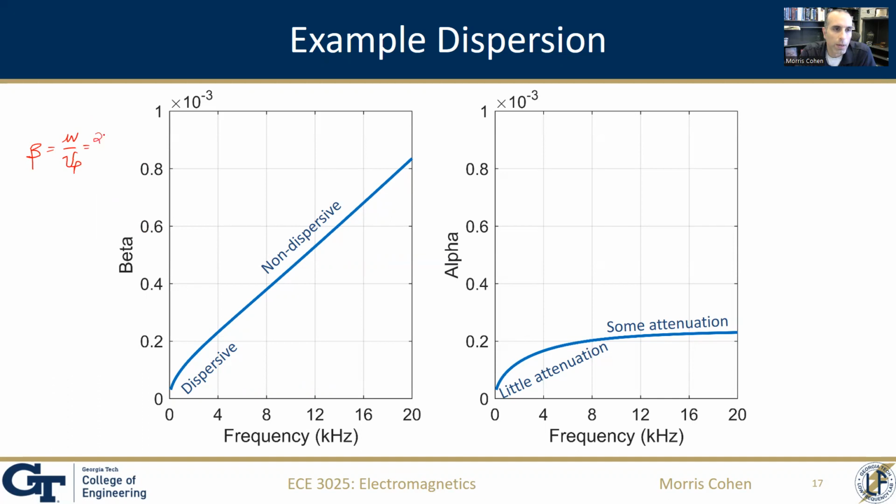Or it's 2 pi over the wavelength. Those are the same. So we would expect in a lossless and ideal case that beta is proportional to the frequency, right? So there ought to be a straight line to it, which you can sort of see for most of this curve. This line here is pretty straight, right? There's no question that's a straight line.